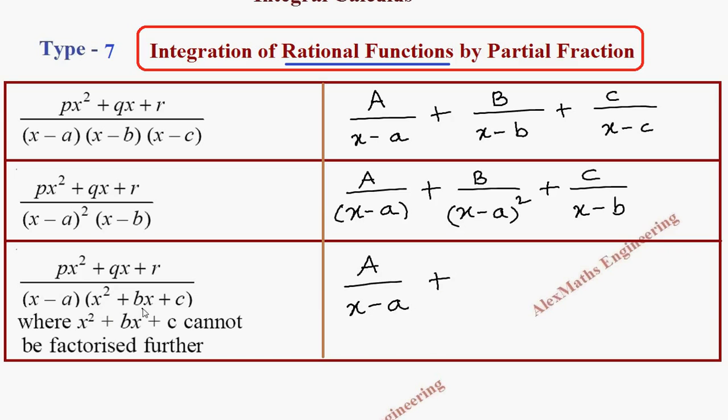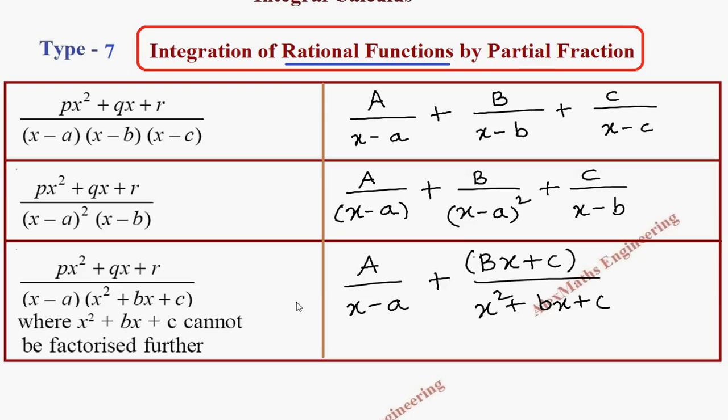Since it is a quadratic, instead of the constant b, we write a linear term, bx plus c, by the quadratic x square plus bx plus c. So when we have a quadratic expression, we have a linear term in the numerator. So these are the three basic rules.